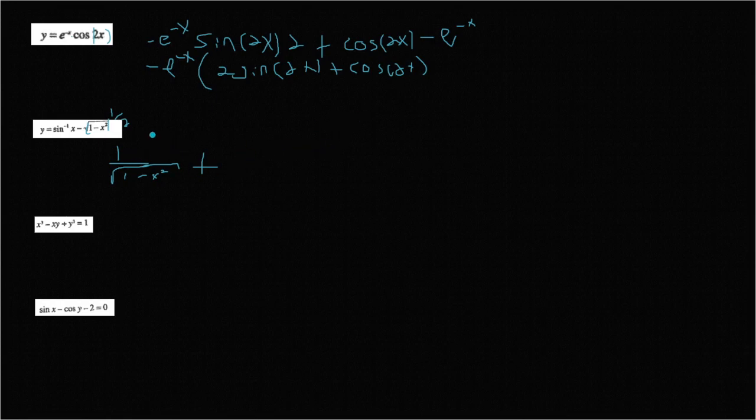And so then we're going to multiply, or actually subtract, because this is minus. For the derivative of this, we're just going to keep this minus over here.